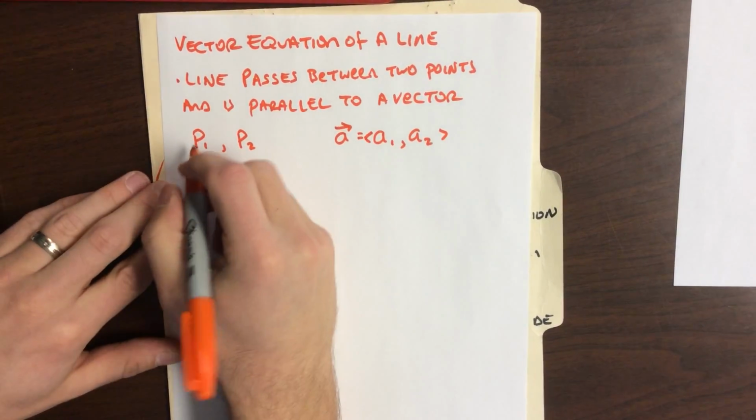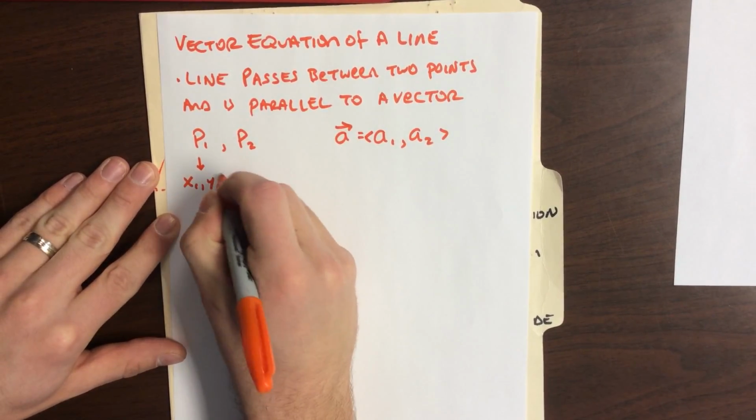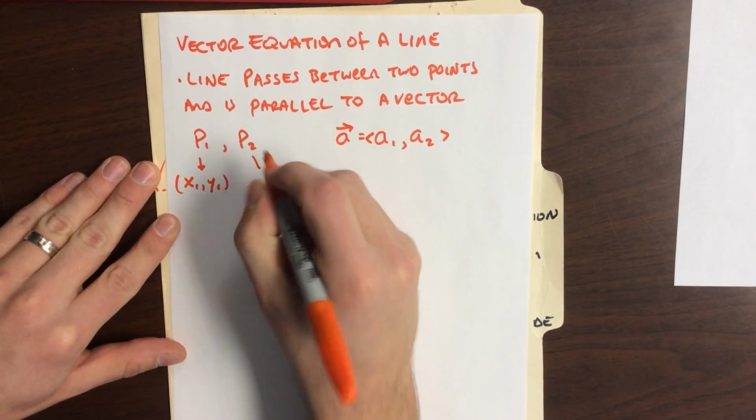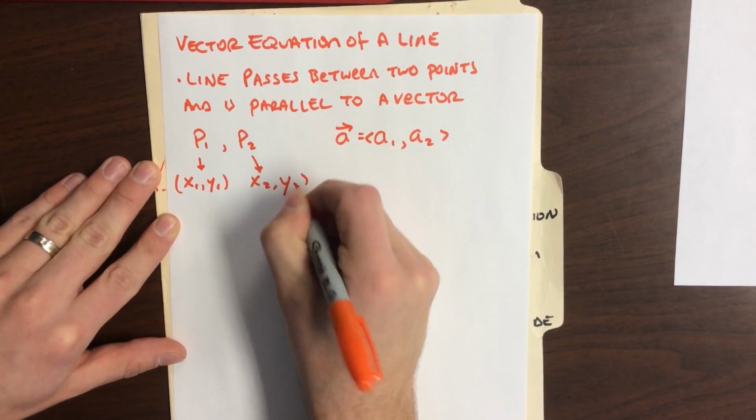For the points, I'm going to say this is x1, y1, and this is the point x2, y2.